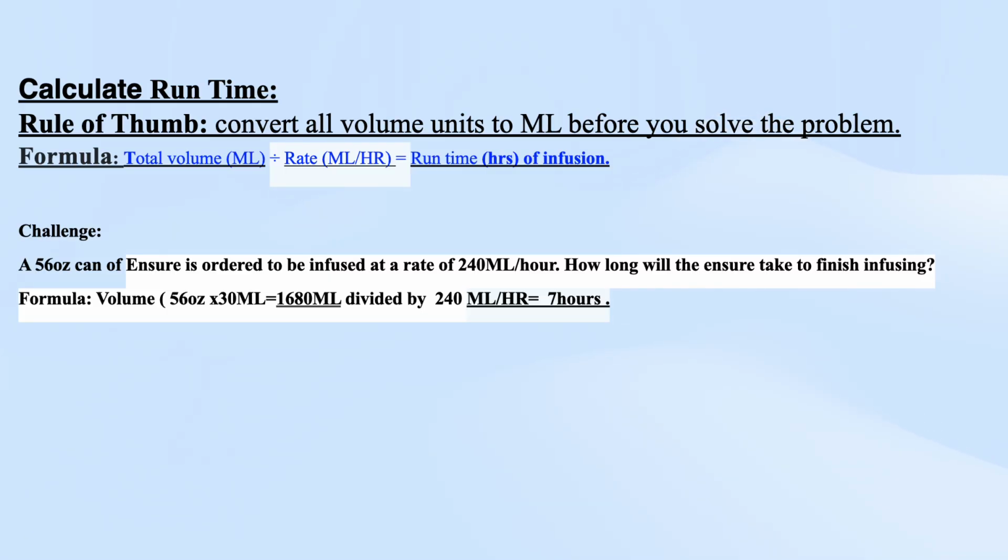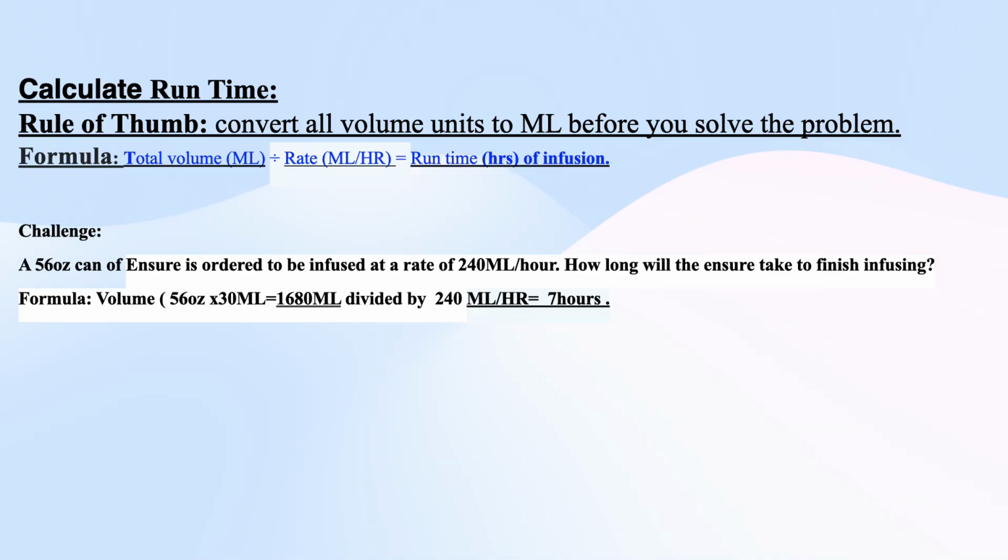If you want to double check to make sure, does this make sense? Is this safe? Is this correct? Go ahead and multiply 7 by 240. So which is 7 hours multiplied by the rate at 240, you should arrive at 1680 ml. If you do not, it means you did something wrong along the way.